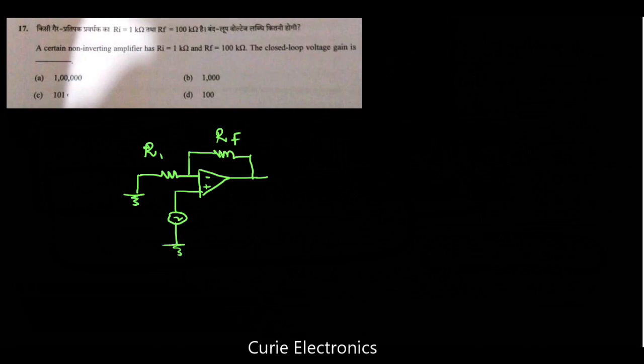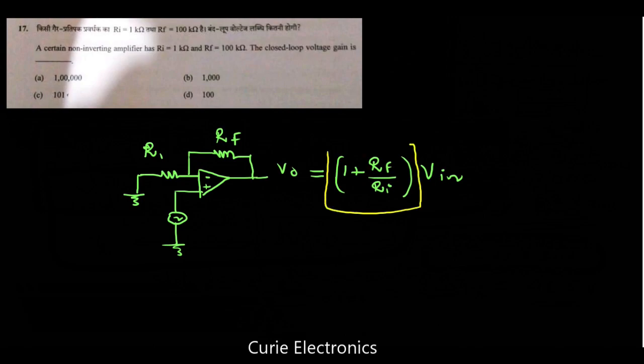Now what is the output? Vout is given as 1 plus Rf upon Ri multiplied by Vin. In this question we have to find out only this part, the closed loop voltage gain factor.